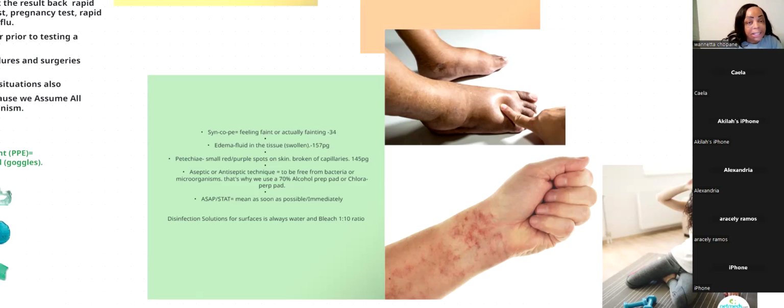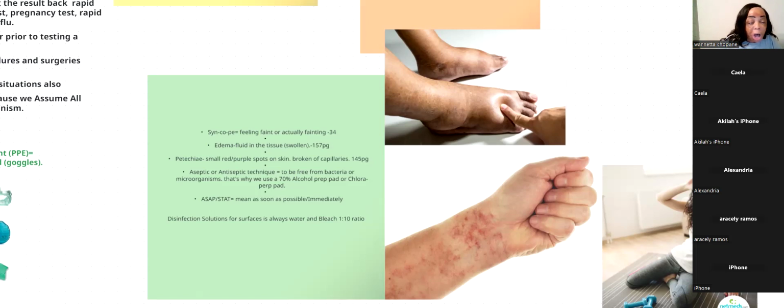If you happen to see that, that should not distress the patient at all, and that does not require you to stop what you're doing. That's just capillaries underneath the skin that's dispersed everywhere. But on top of the skin, it looks red and purple like a little rash or like little bitty micro bruising. That's what that means.